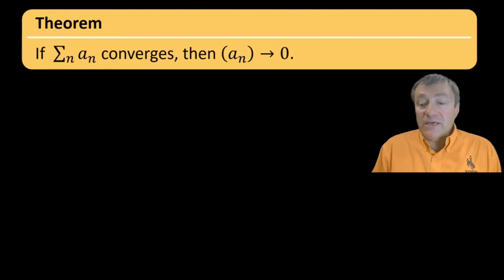So please do not mistake this statement for its converse, which, as we know, is false. If the terms go to zero, that does not mean the series converges. The terms can converge to zero, but the series does not converge because its partial sums wouldn't.